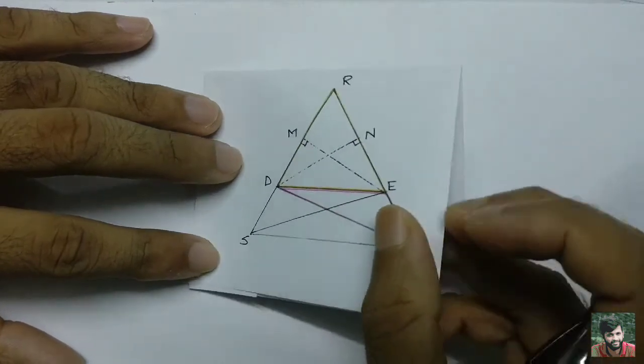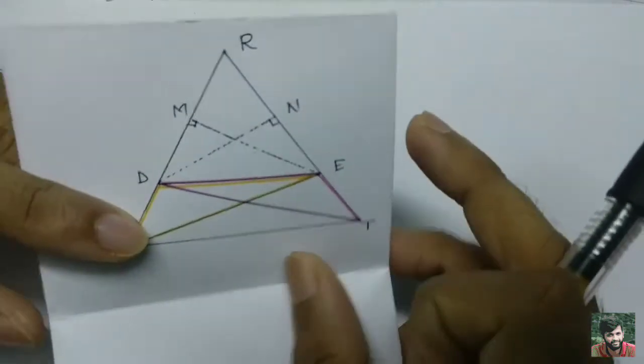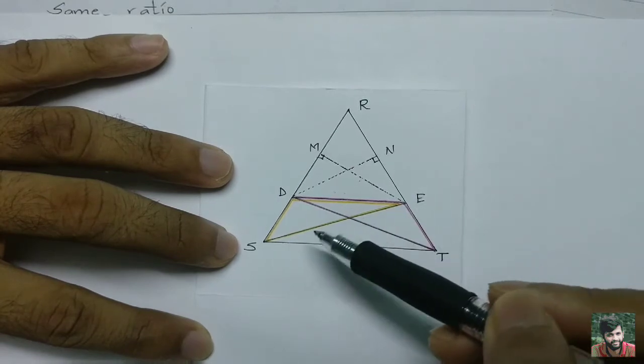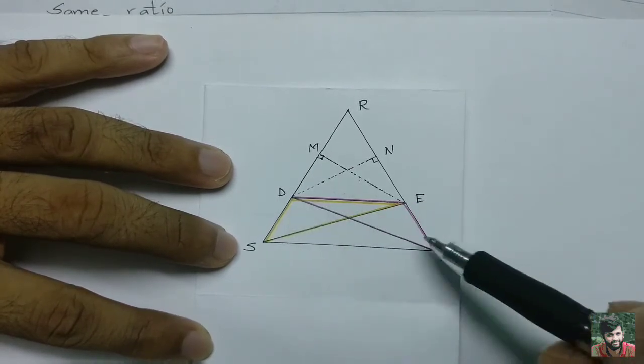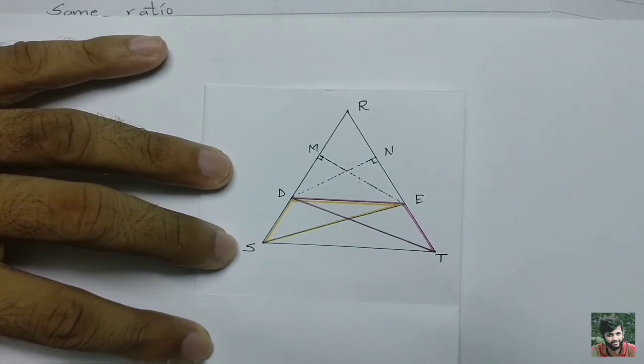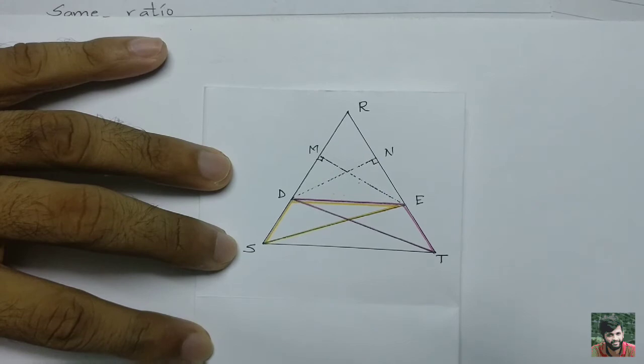And third and final, I want you to remember DES and DET. They are all in different colors so that you can remember. If you remember this much, trust me, you're done with the entire proof. What you have to write is what we will see now.